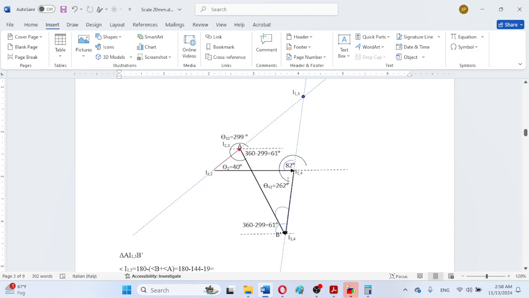Sorry, there has been a mistake here. That angle of 82 is wrong here.